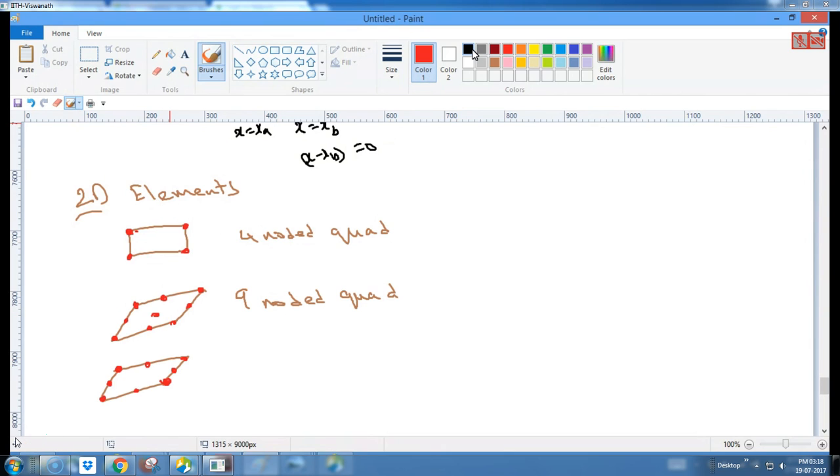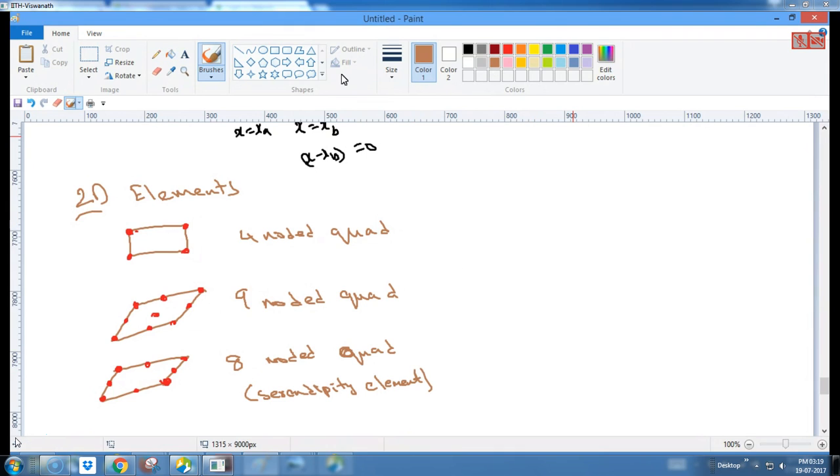So this is your 8-noded quad, also known as the serendipity element. It has its inherent advantages. We'll discuss it in a later class.